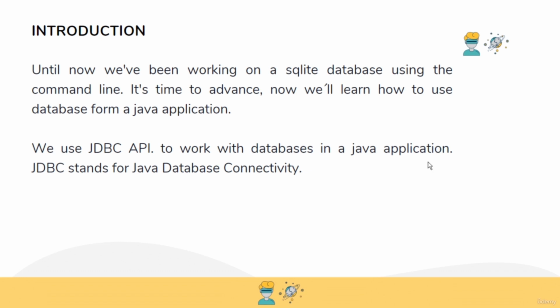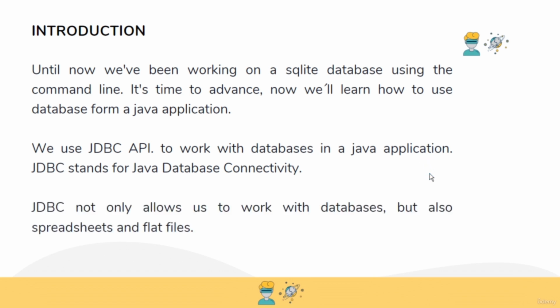We use the JDBC API to work with databases in a Java application. JDBC simply stands for Java Database Connectivity, simply as that. JDBC not only allows us to work with databases, but also spreadsheets and flat files. Our data source is going to be a database.